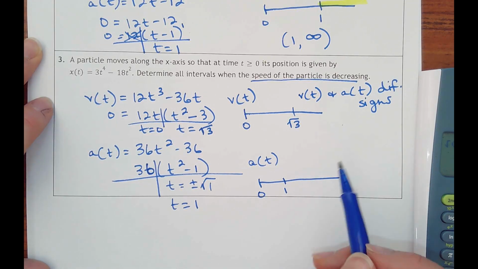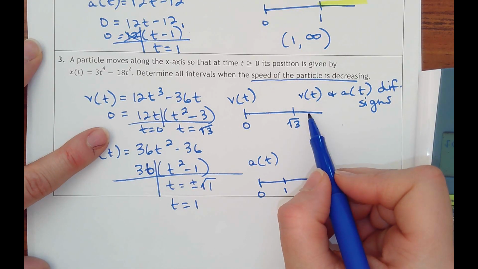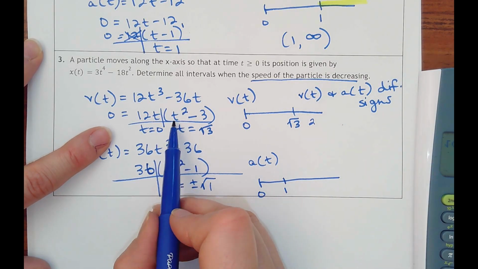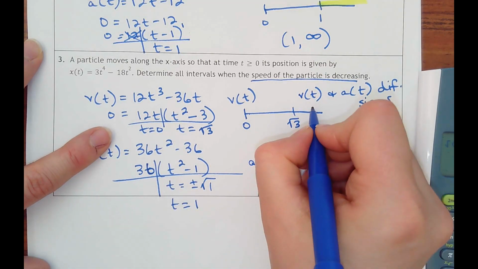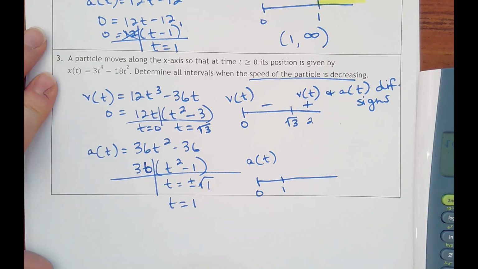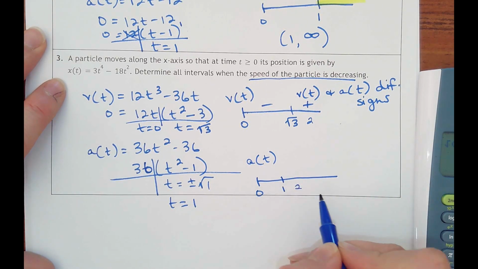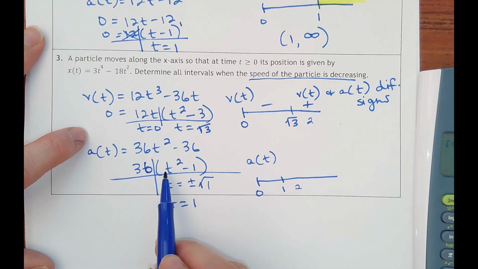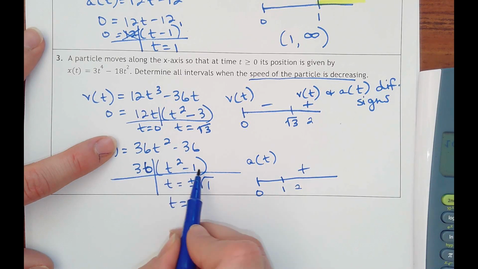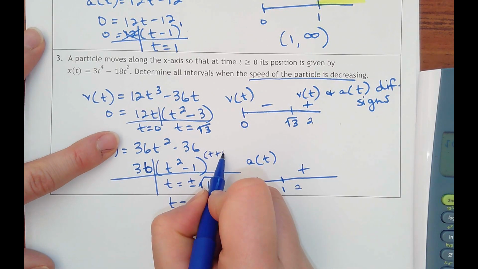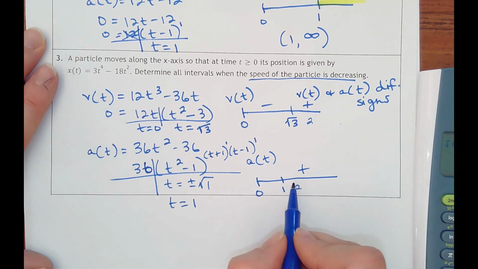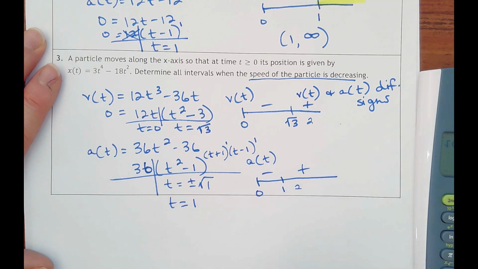Okay, so if I want to know my velocity at, let's do 2. Plug it in, 2 squared is 4, minus 3 is positive, positive. And again, this is going to cross, so that will be negative on the other side. Acceleration, I'm also going to try at 2. That would be 2 squared is 4 minus 3, that's positive, positive. This is really t plus 1, t minus 1, so our multiplicities are both 1. So when it's this, it's going to cross.